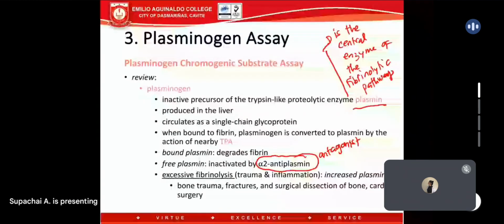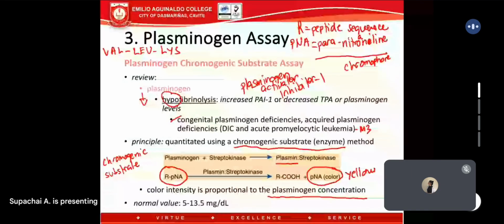Okay, so that is the plasminogen. So, how do we assay for plasminogen? To assay for plasminogen, we are using the so-called plasminogen chromogenic substrate assay.